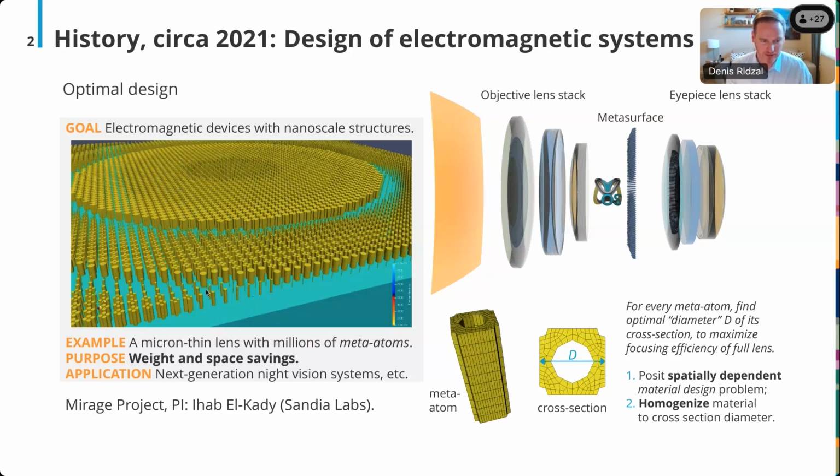They have various shapes and sizes. And the unique feature about this is that if you look at, for example, one of these meta-atoms, they are all extruded in one direction.